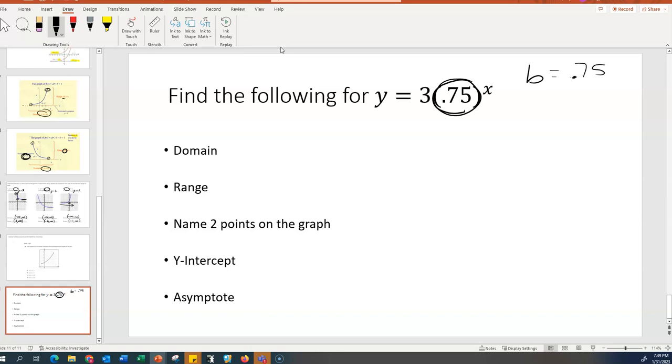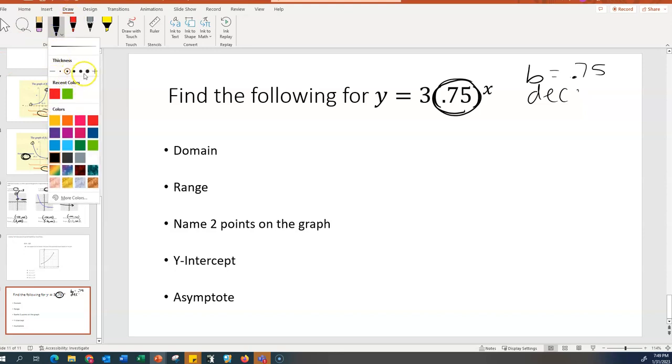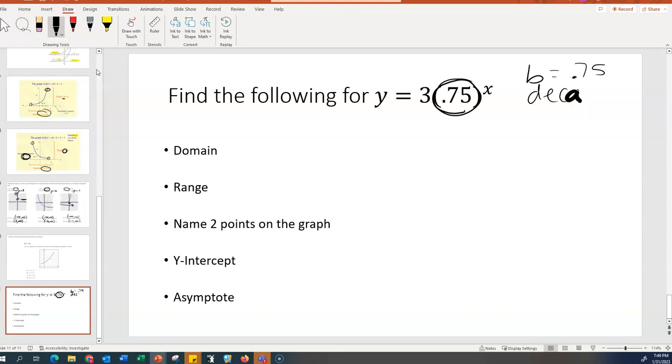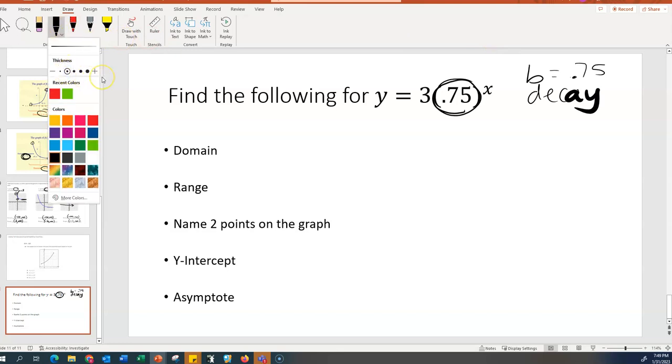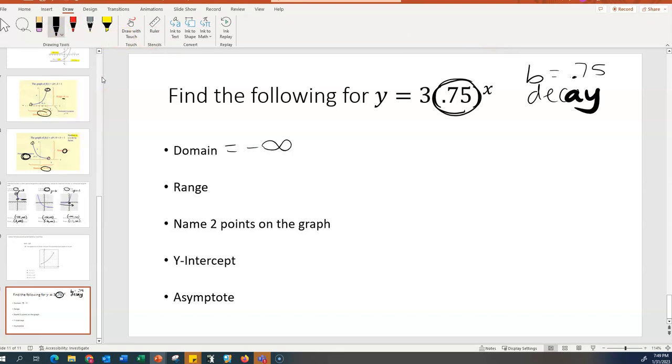It's between 0 and 1. So this is a decay. My domain is always going to be negative to positive infinity.